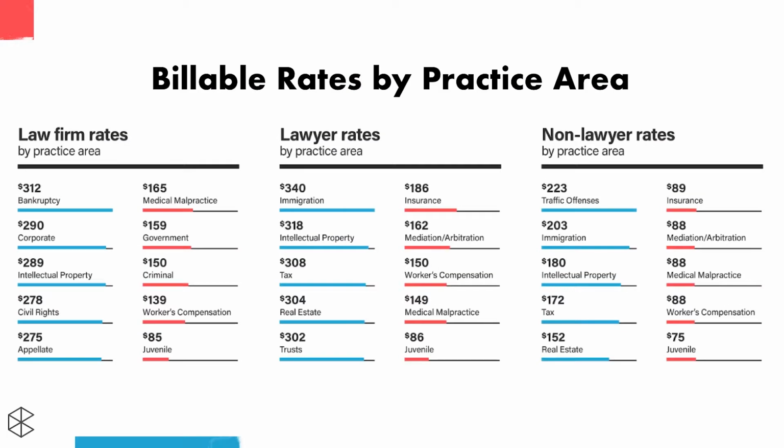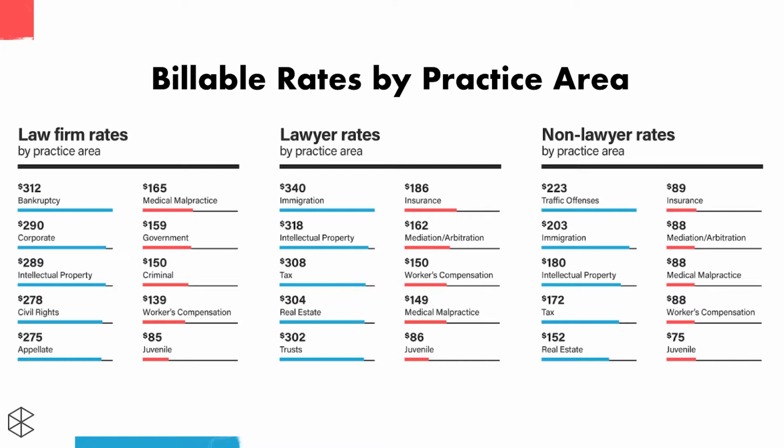We also were able to publish information by practice area. Using these new 30 commonly used practice areas that I mentioned, we were able to get rates. This is a chart showing the top 5 and bottom 5 for law firm rates, lawyer rates, and non-lawyer rates. I won't bore everyone by reading them all, but it's interesting to see that they don't all come in the same.